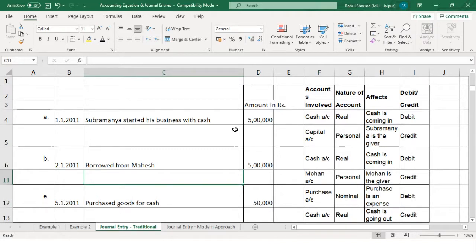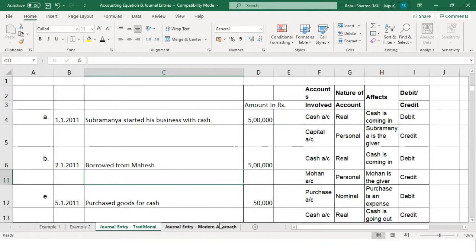Please note down whatever difficulties you find, and we can discuss them later on. You have to do it the way I have told you. First, figure out what account it is. Next, figure out what rule applies. And next, decide what is to be debited and what needs to be credited. Now I'll take you to the modern approach quickly so that we can understand both of them, your traditional approach and your modern approach.